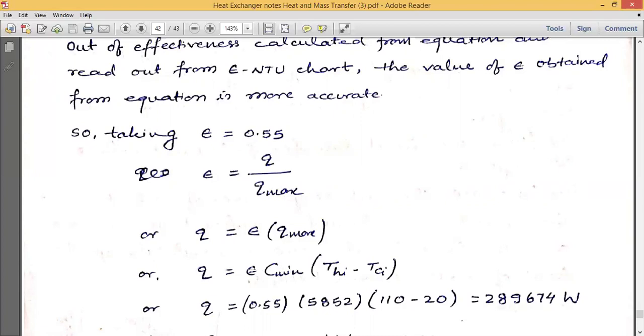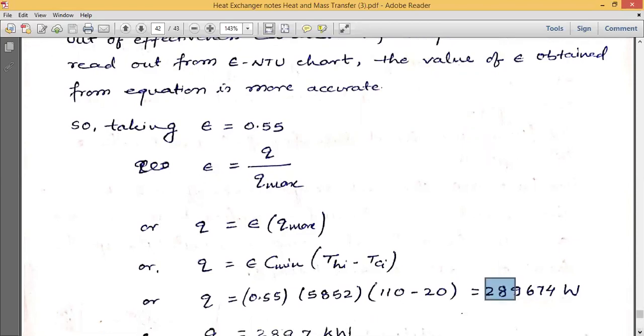So by using the effectiveness value, we can determine the actual heat transfer rate. So Q will be equal to effectiveness 0.55, and C minimum we have calculated as 5852, times THI minus TCI, which is 110 minus 20, and we got the value as 289674 watt.